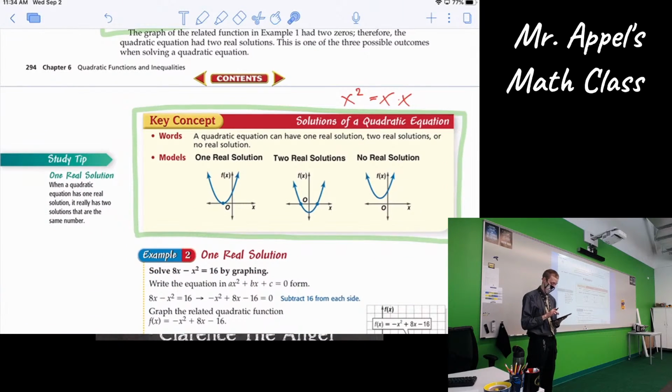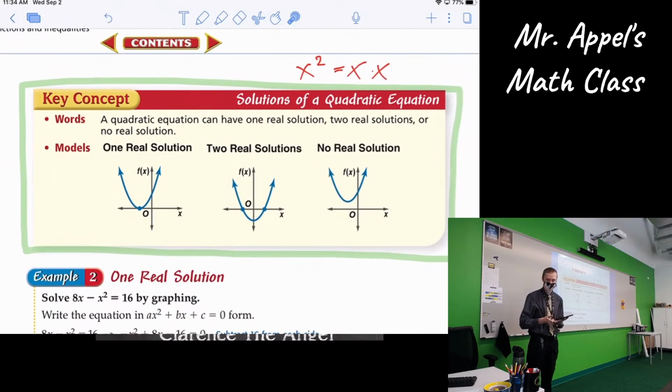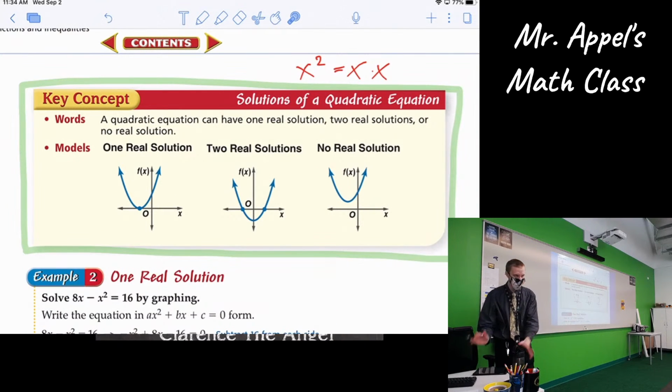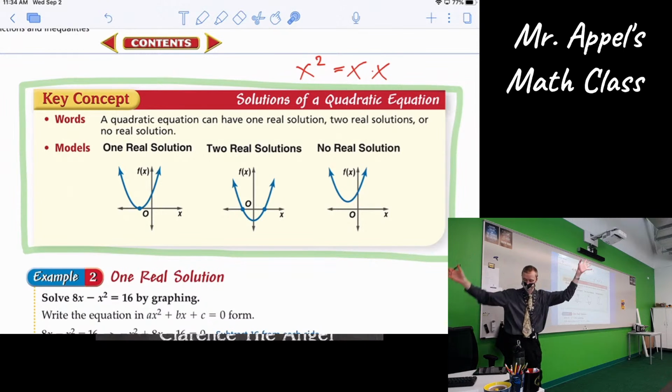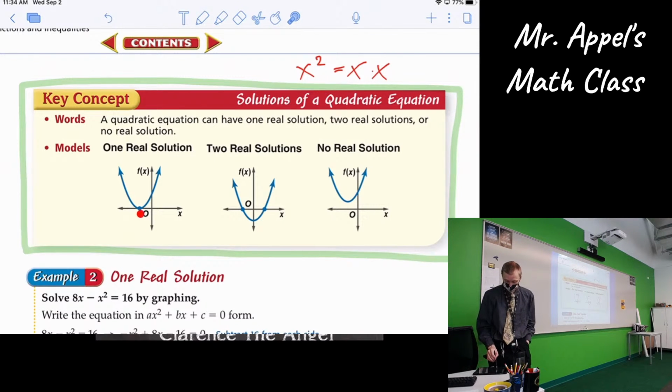Or, as I've summarized in this table here, this is the takeaway. Right? If you're going to add anything to notes, this would be the thing to write down. What are we looking for? When we're graphing, we need this to happen. Two real solutions. Or our vertex could be the solution, and we get just the one.